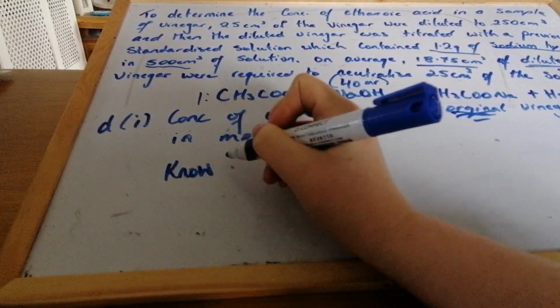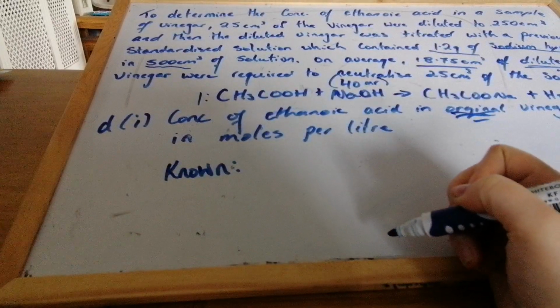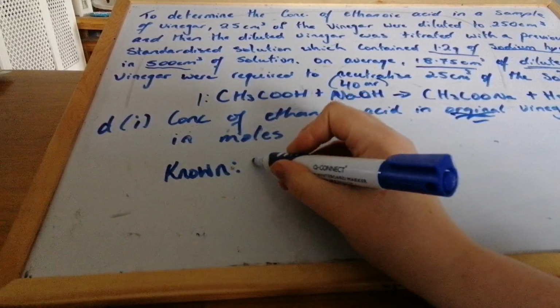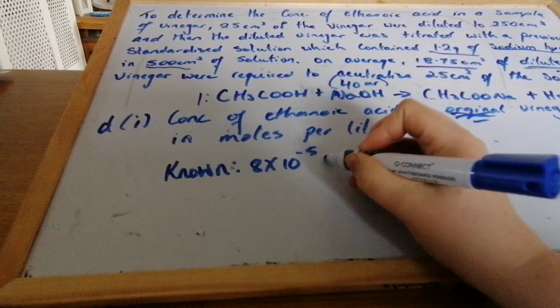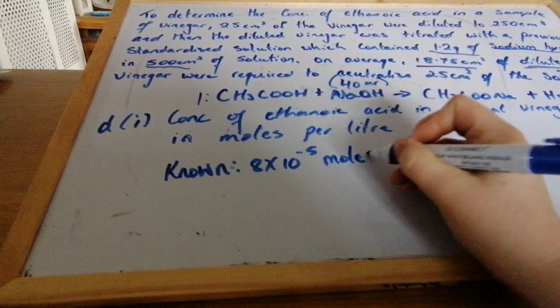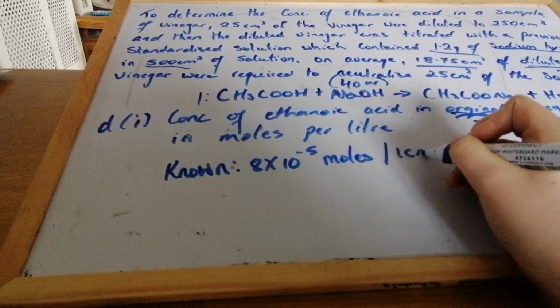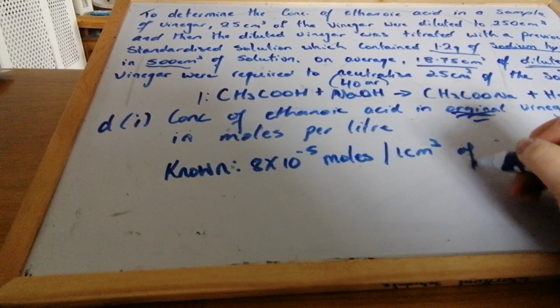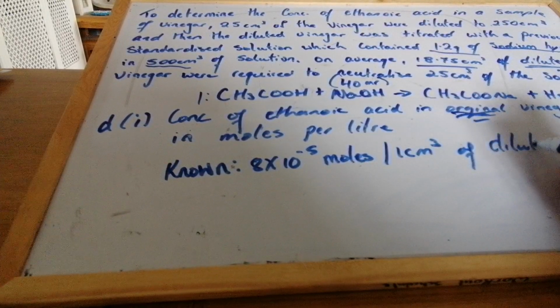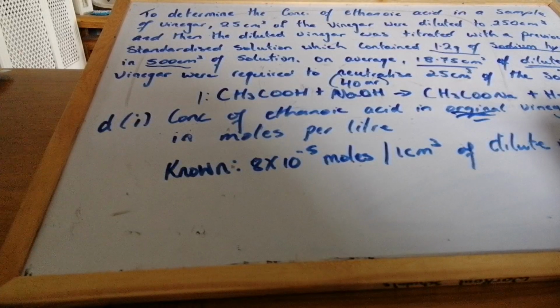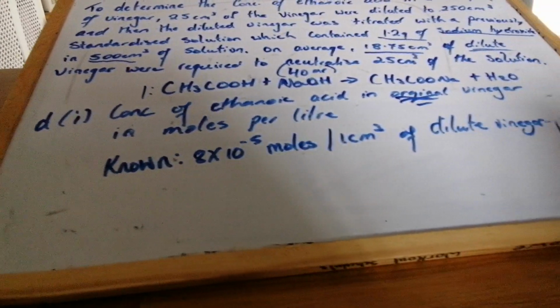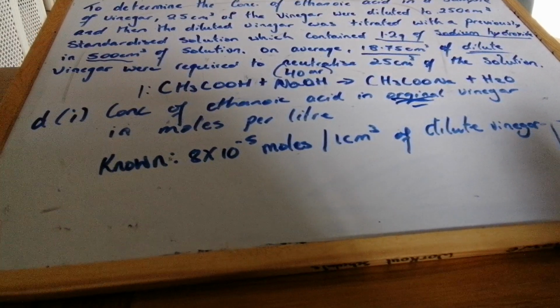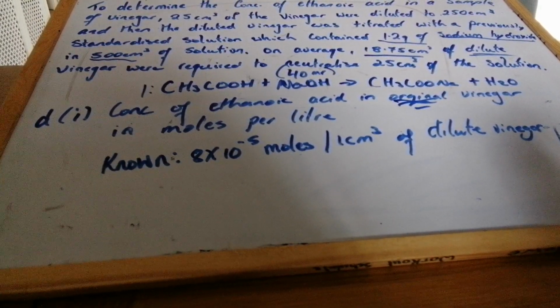What we know here is we know that there is 8 by 10 to the minus 5 moles per 1 centimetre cubed of the dilute vinegar. The ethanoic acid in the dilute vinegar. Okay. Where do we know that from? We know that from part C.